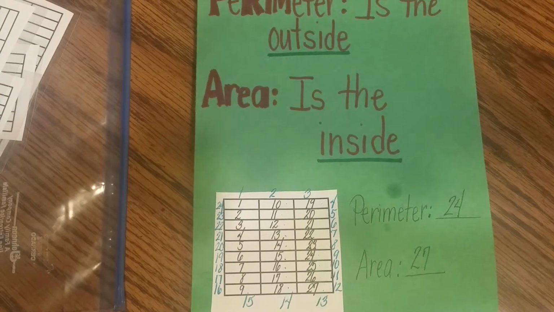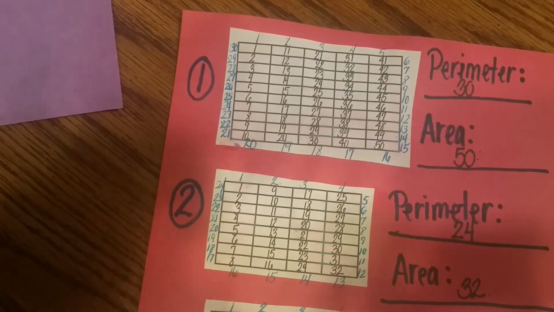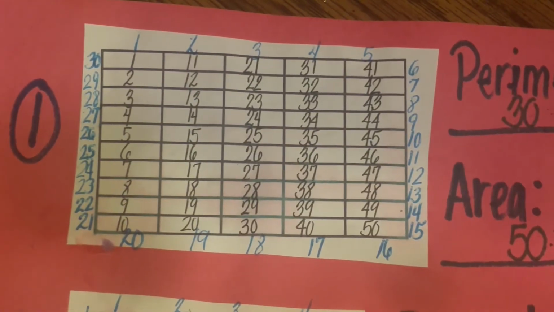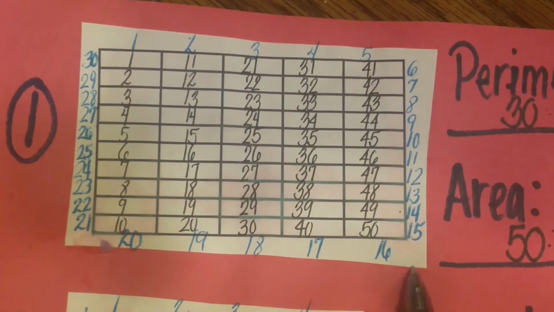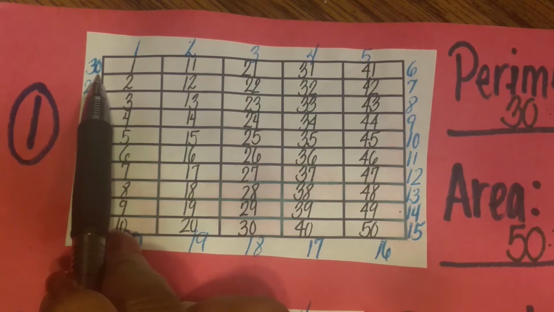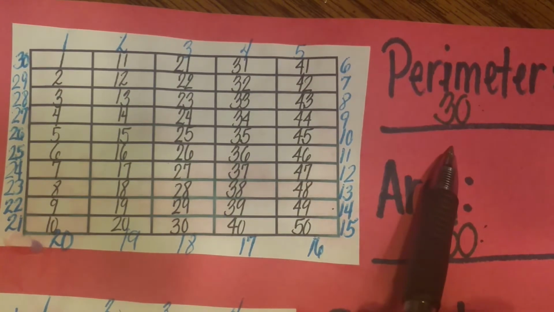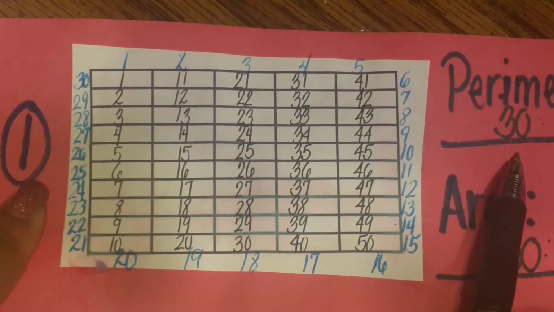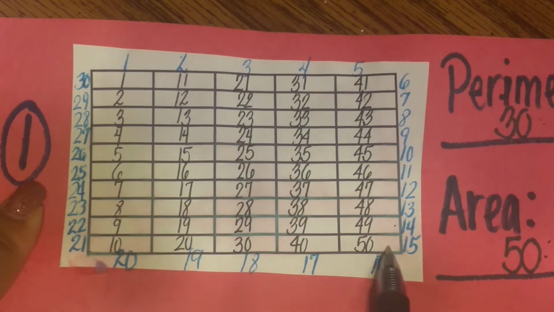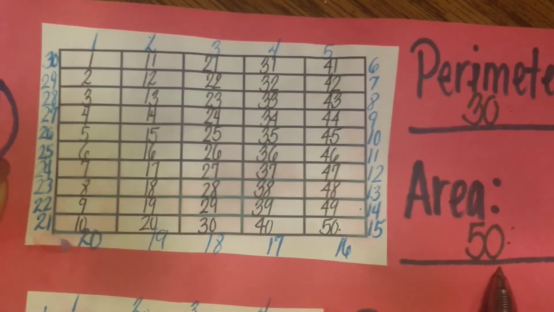All right, welcome back, my wonderful mathematicians. So the perimeter for our first shape, when I count it all the way around, my perimeter is 30. So for number 1, the perimeter is 30. When I count the inside, my area is 50.